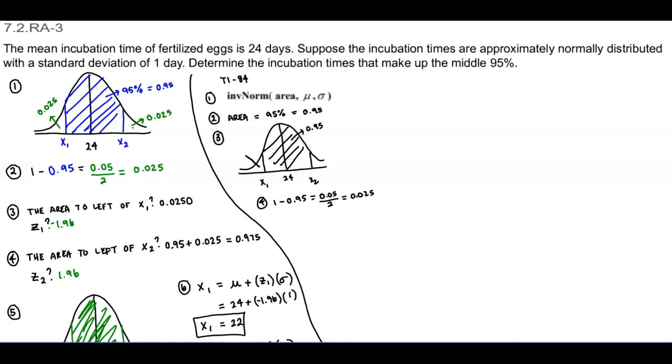So we know this area represents 0.025. So that means to find x1, that's going to equal INV norm with the area of 0.025 with the mean of 24 and a standard deviation of 1. So let's go ahead and put that in our calculator.